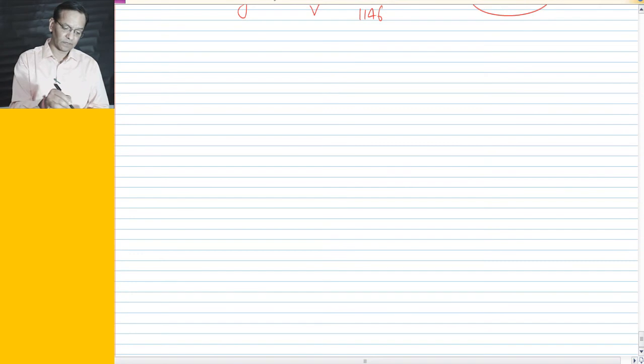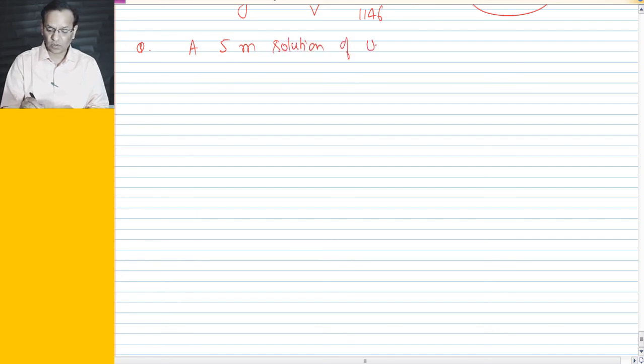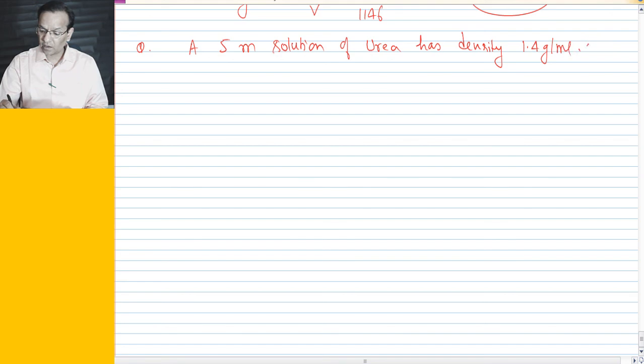To illustrate it, let us see one more problem on molality. The question is, a 5 molar solution of urea has density 1.4 gram per ml.